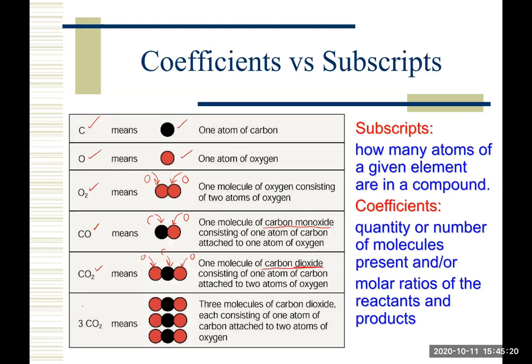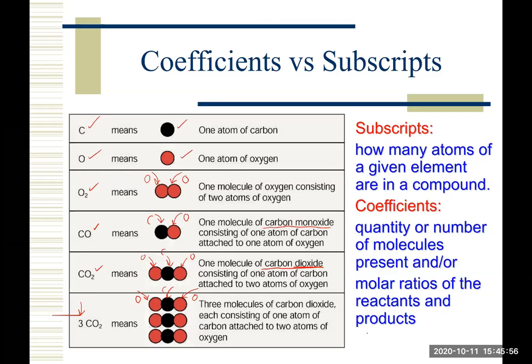If, however, we put a stoichiometric coefficient of 3 out in front of CO2, we know that we have 3 molecules of carbon dioxide. Each molecule of carbon dioxide contains 2 oxygen atoms and 1 carbon atom. And if we look at the 3 total CO2s, we know that we have 3 carbons and 6 oxygens.